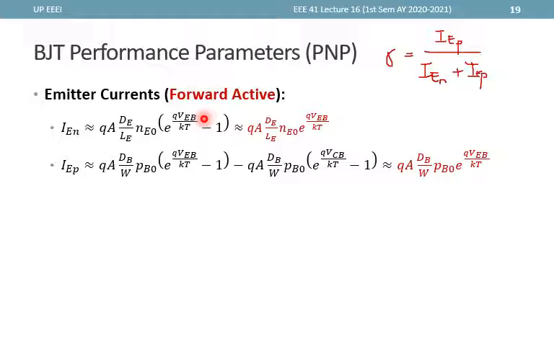Now this is the actual expression we have without any simplification. But this time, since we are dealing with forward active case, then this should be much greater than 1, and therefore we simply end up with this one, QAD over LE and E naught e to the Q VEB over KT. Whereas for IEP, this is the simplified case when W is much less than LB.